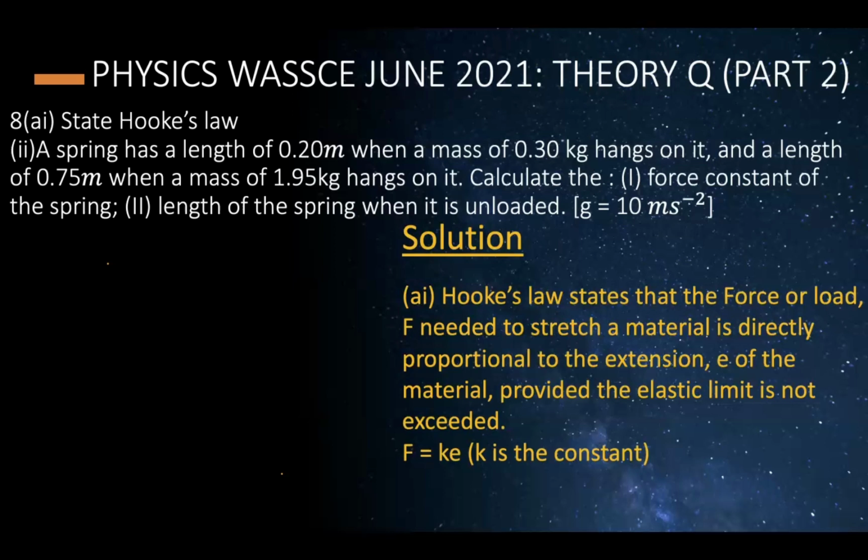So typically, questions like this would have 1 mark. So you should get 1 full mark or 2 full marks, depending on what mark they decide to apportion for this. But if you make a mistake that is crucial, for example, if instead of saying directly, you say inversely, then you have deviated so much from the real definition, and that will make you fail this question.